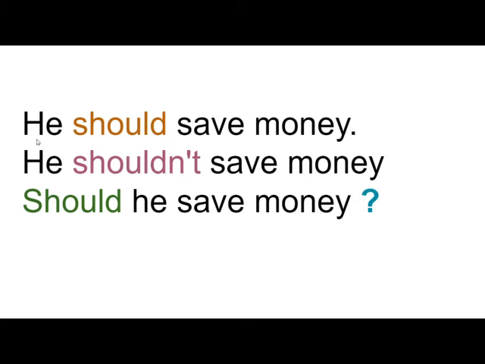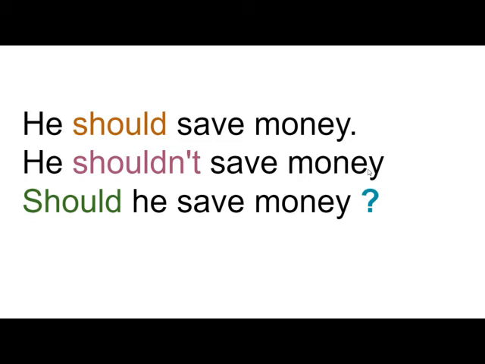Now, in this example, he should save money. Él debería ahorrar dinero. Now, this sentence is affirmative. Now, change in negative. He, the subject, the modal in negative, shouldn't, and the verb in the base form, save, and the complement.